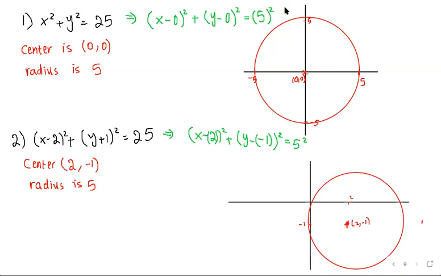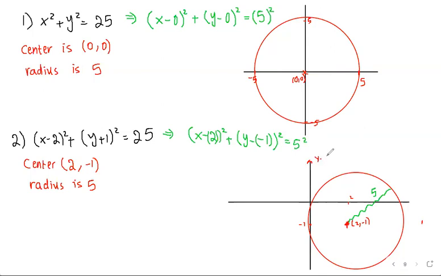And again, the radius is 5. It's 5. Any questions so far? How to draw and how to find the radius and center? Makes sense for everyone?